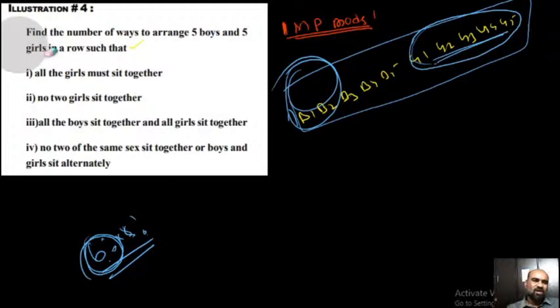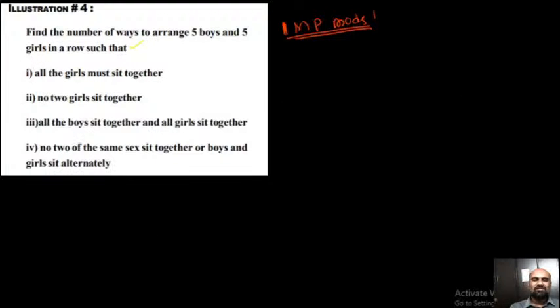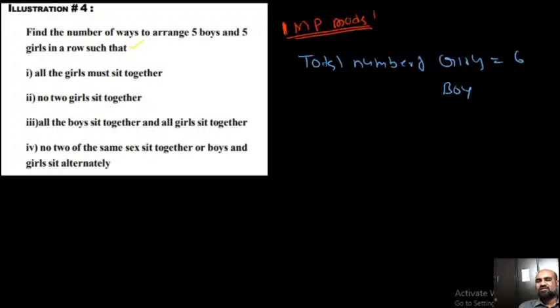All girls come together means 6 factorial into 5 factorial. Okay, listen. Total number of girls is 5, boys is 5. I wrote it wrong earlier.